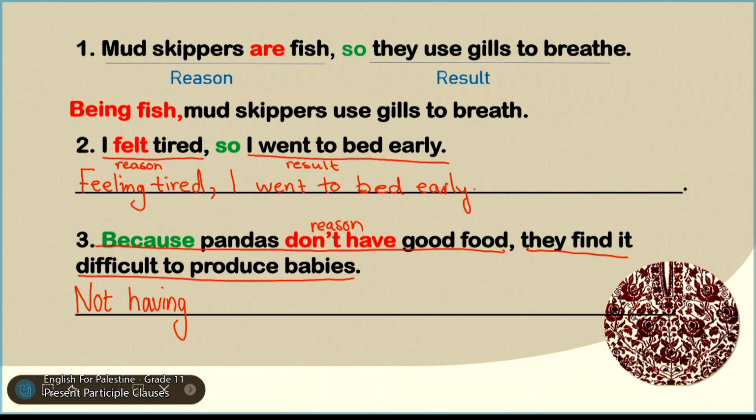Not having good food, pandas find it difficult to produce babies.